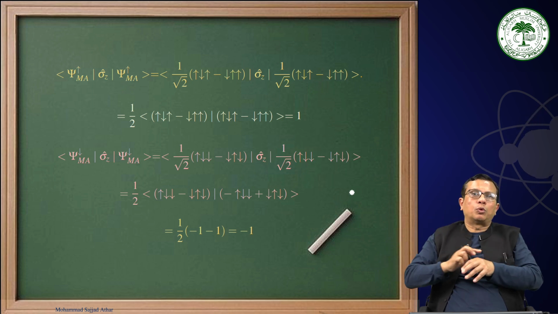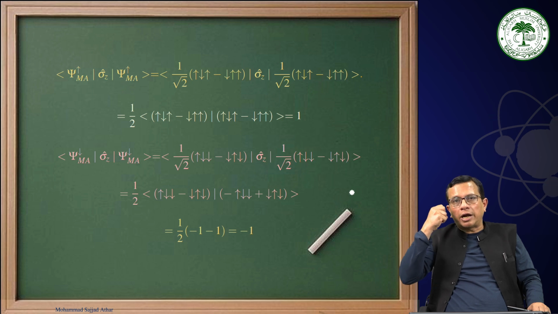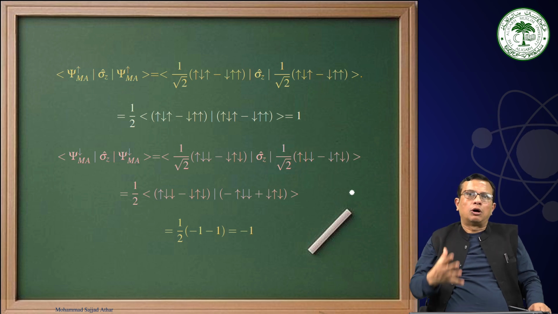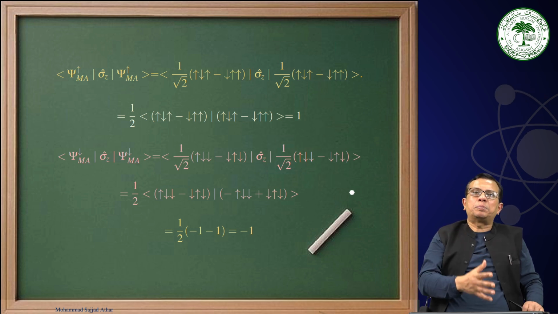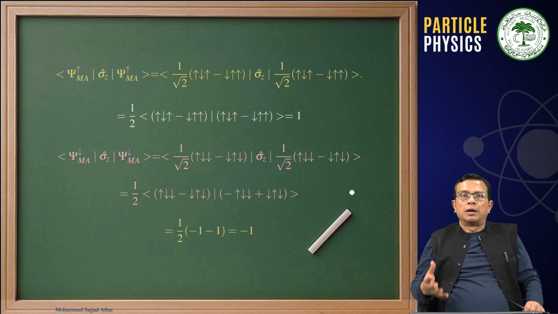Because what I told you in the last class is that if we have 100 protons or 100 neutrons, and if they are not polarized, then 50 of them will be in spin up state and 50 of them in spin down state.